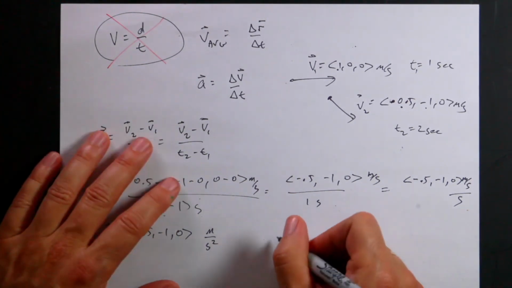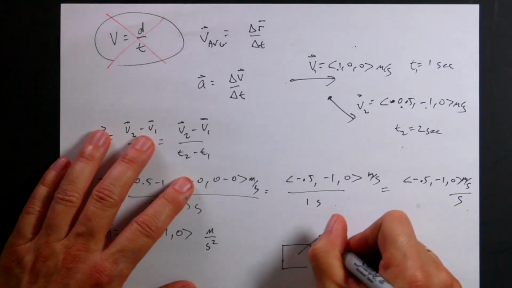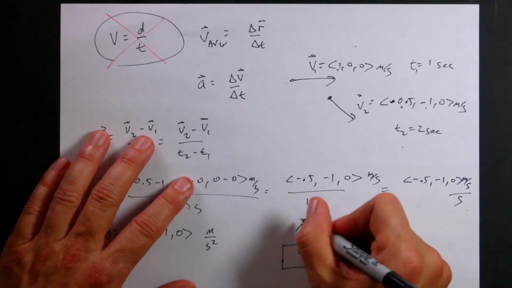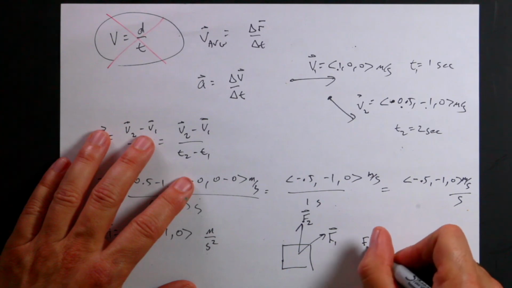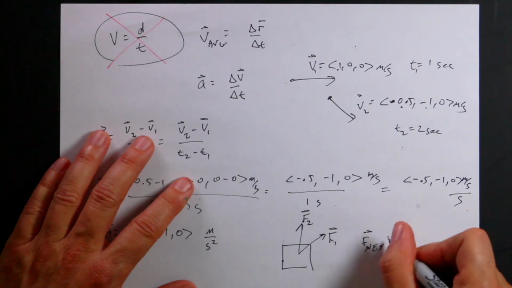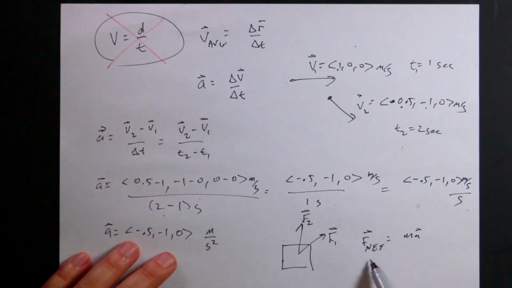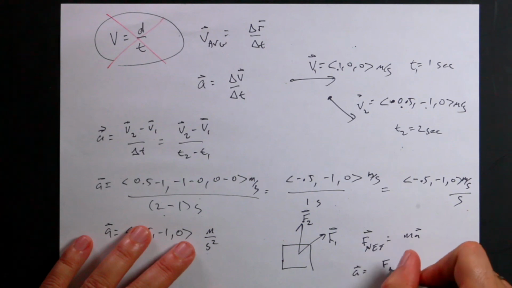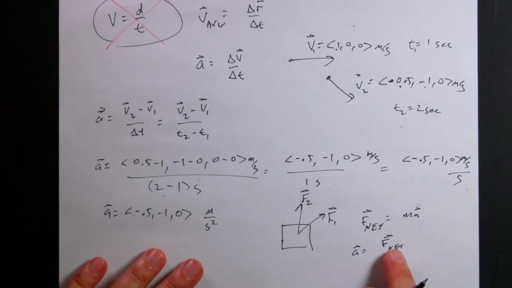That's the key, right? Because now I can look at a problem like this. Suppose I have some box and I have two forces acting on it. It doesn't really matter what they are, F1, F2. Then I can say F net equals MA. So if I know the net force as a vector, I can solve for the acceleration and say A equals F net over M. Or if I know the acceleration, I could solve for the net force.